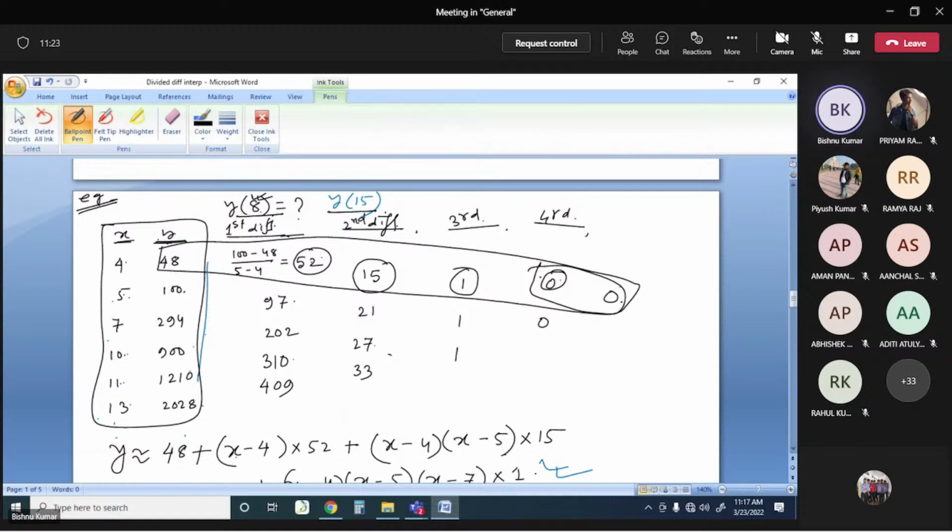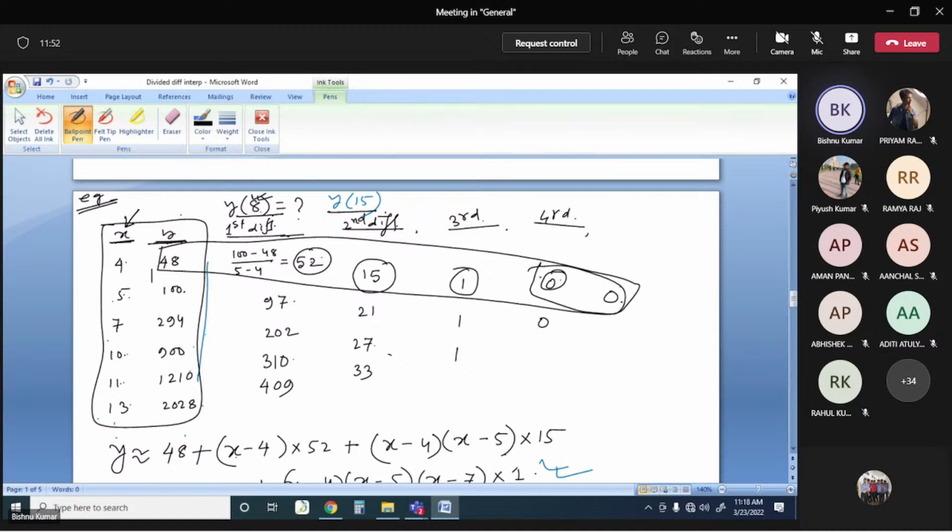Those two techniques are applicable for equally spaced arguments. That is the main logic. The x arguments should be equispaced. If it is equispaced, you may use Newton forward or backward. Besides that, you may also use other methods, no problem.